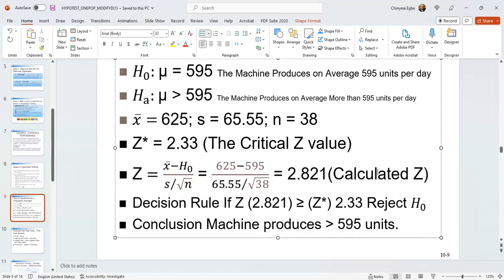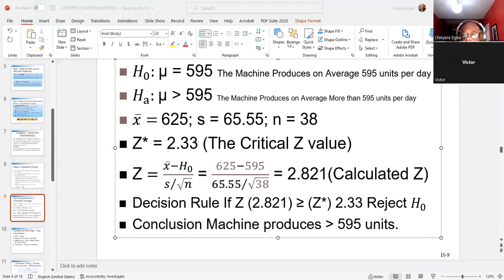So we compare the calculated Z to the critical Z. If the calculated Z is greater than the critical Z, then we reject the null hypothesis. All right? And so in this particular problem, we see that the calculated Z is greater than the critical Z. And therefore, we reject the null hypothesis.